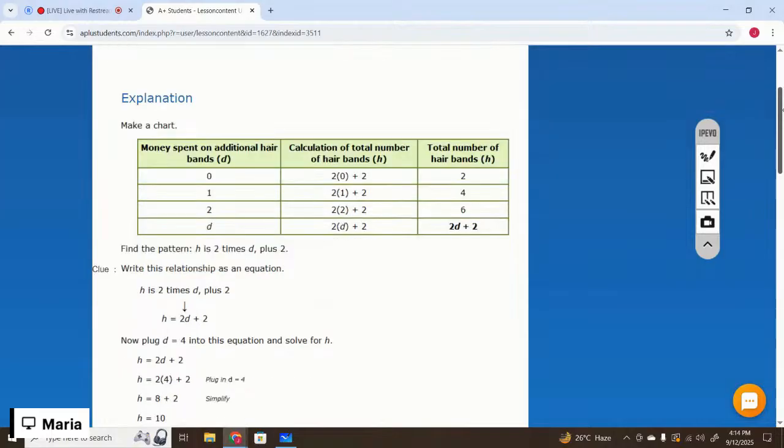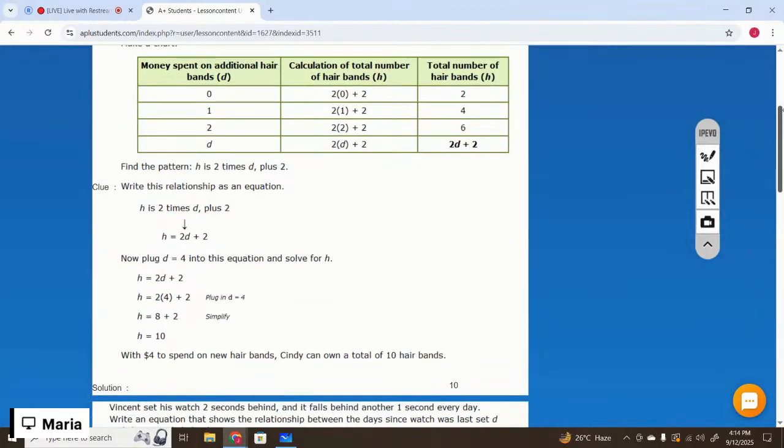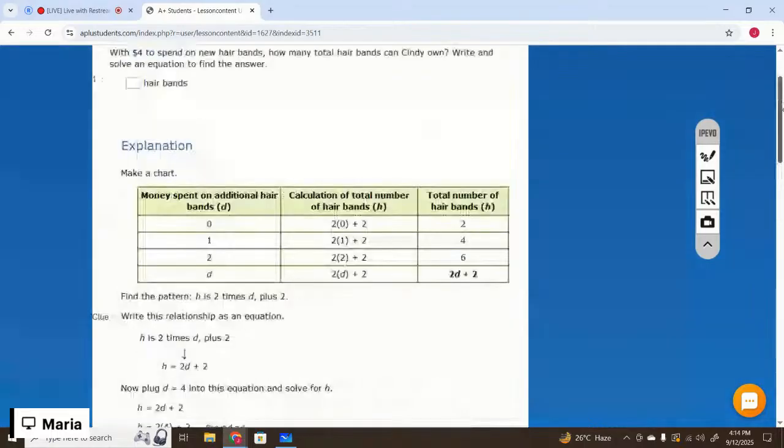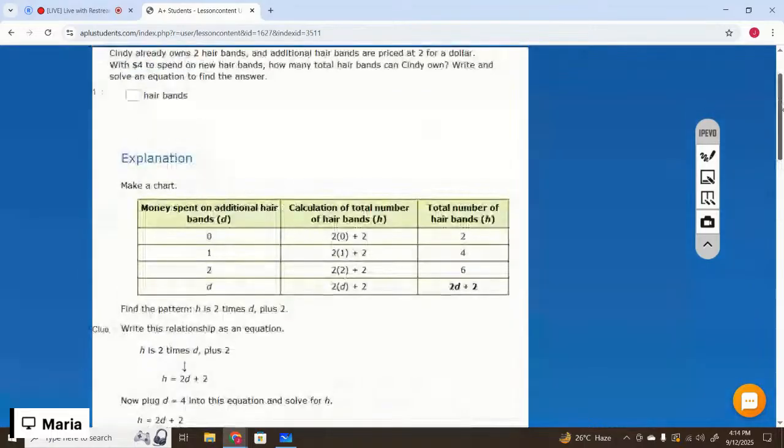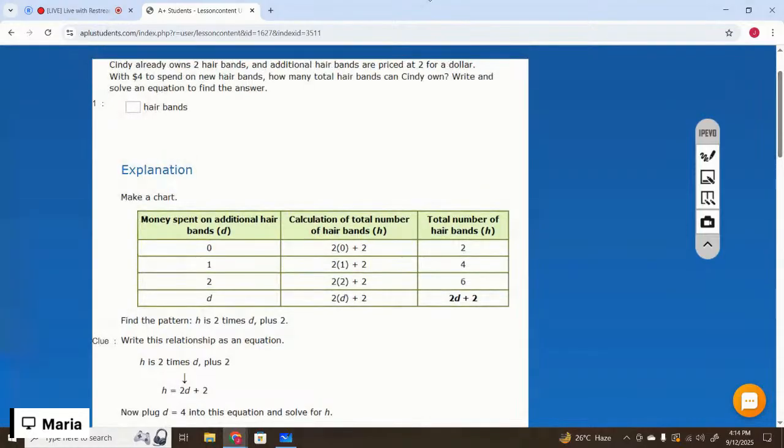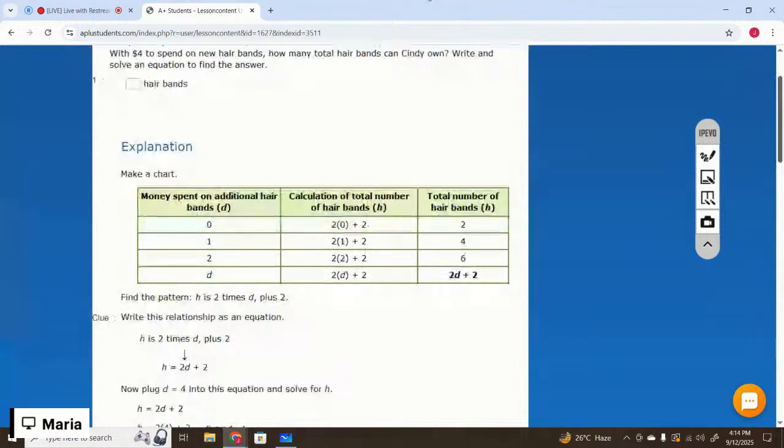We need to find the equation actually. Write and solve an equation to find the answer. She already has two hairbands, and additional hairbands are priced two for a dollar. Like each hairband is $2.